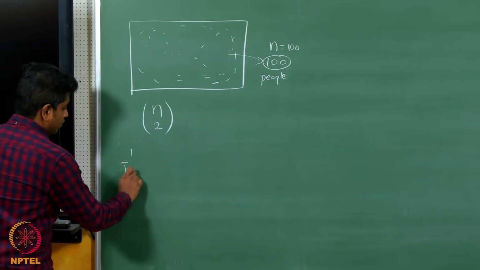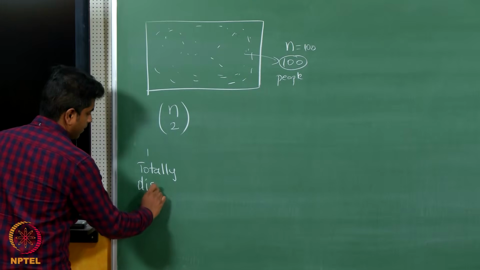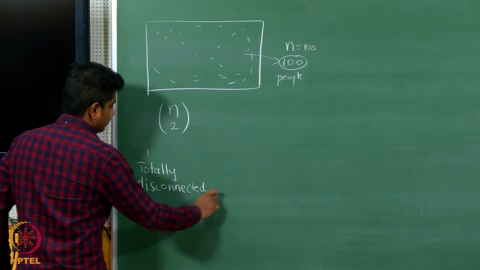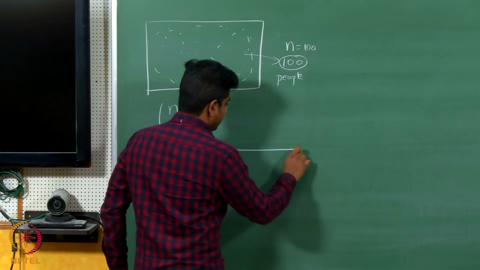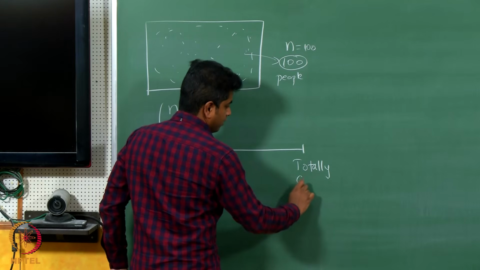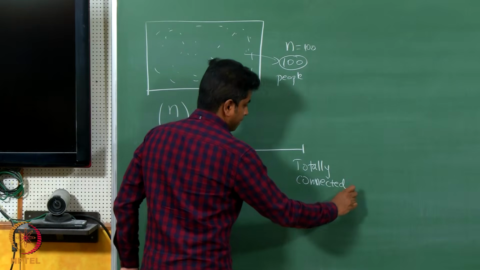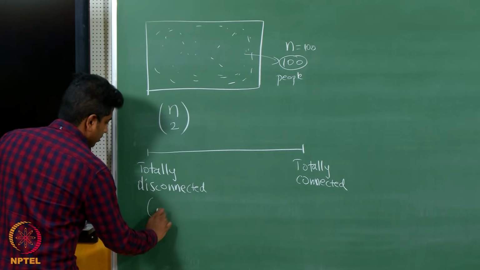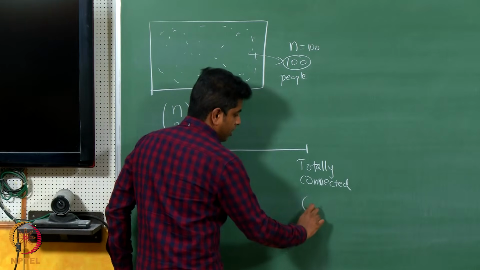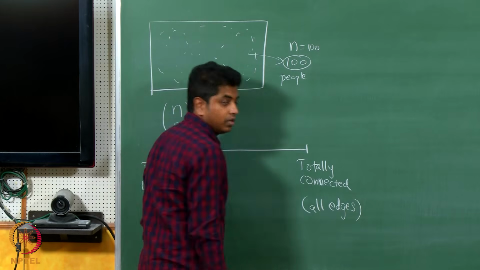So I am going to use the word totally disconnected, which stands for no edges at all, and then I am going to say totally connected, which means it is a complete graph. Zero edges, no edge at all, and n choose 2 edges, okay.